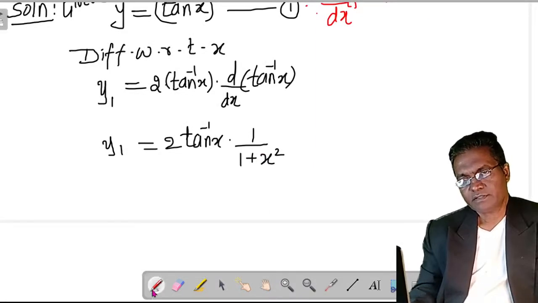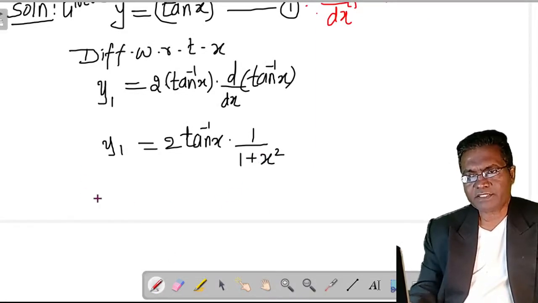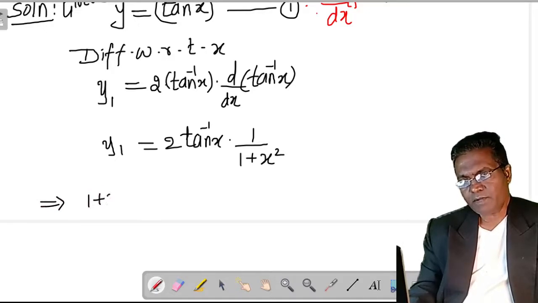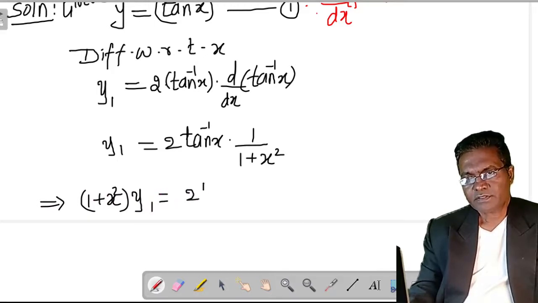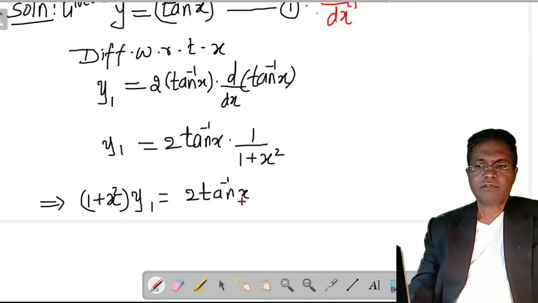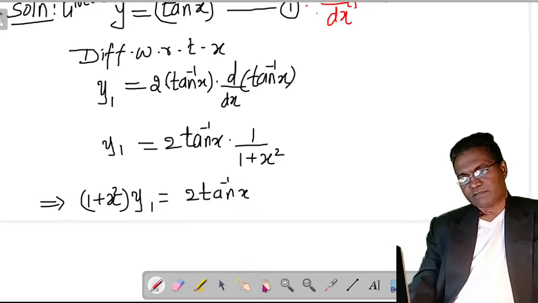Okay, now you can bring this 1 plus x square this side. So this is 1 plus x square into y1 equals to tan inverse x.